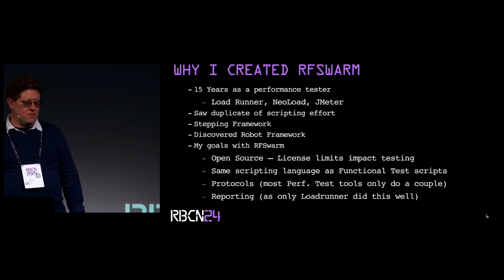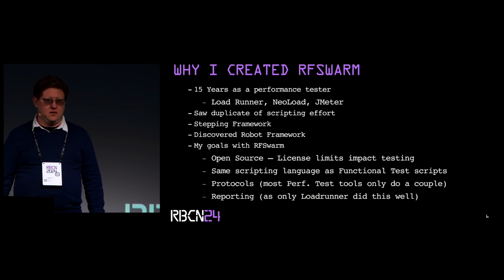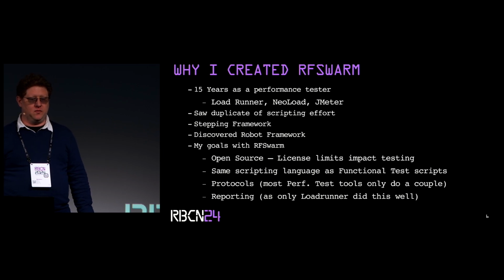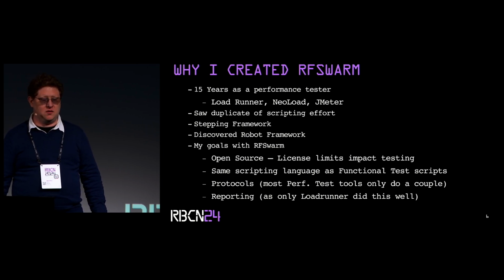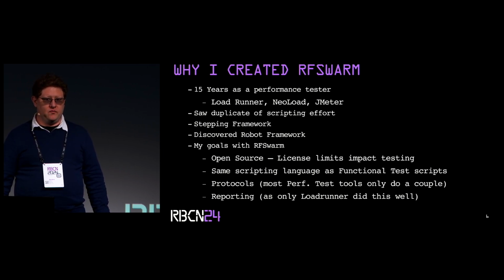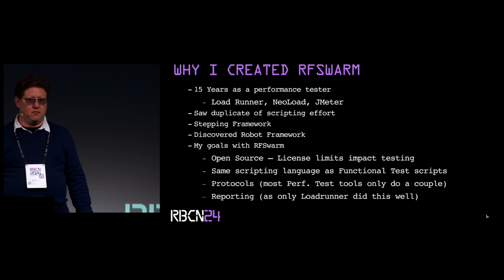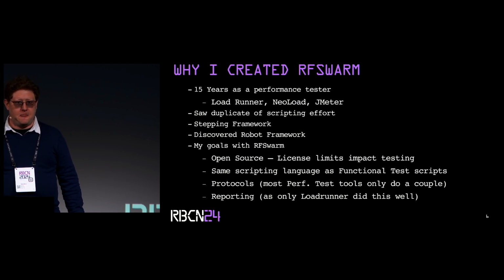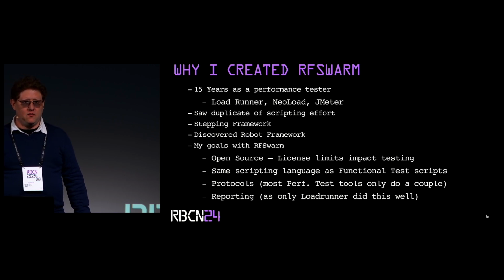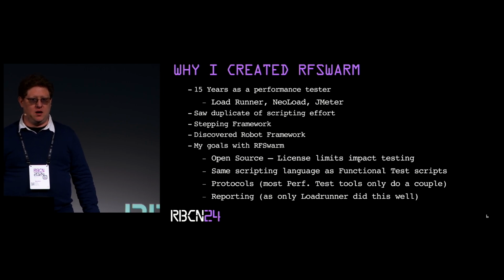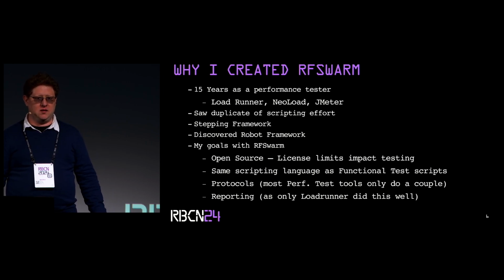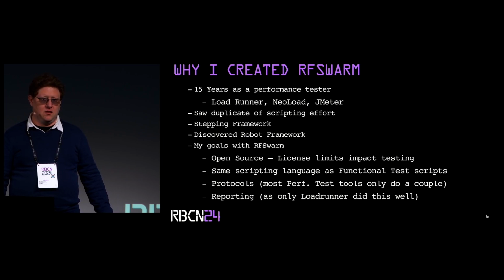So I thought, wouldn't it be great if the performance testing team and the regression testing team, or the test automation team, could share each other's work and help each other. And I thought it would also be really great from a career progression point of view, where someone came from being a manual tester, became an automated tester, and then could progress on to becoming a performance tester.